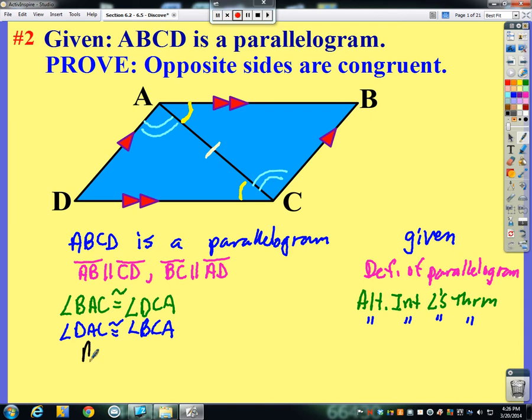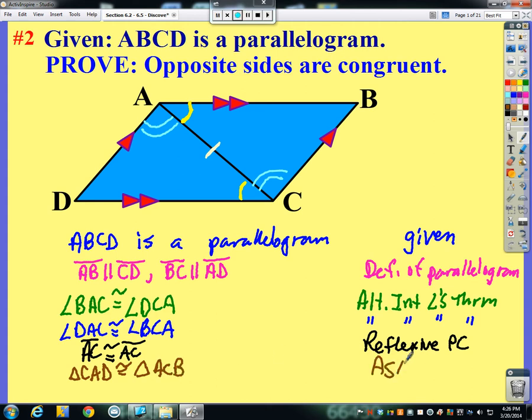So AC is congruent to itself by the reflexive property. And so now I have angle side angle in both triangles. I know these triangles are congruent to each other. So triangle, let's call this one CAD, is now congruent to triangle ACB by angle side angle.